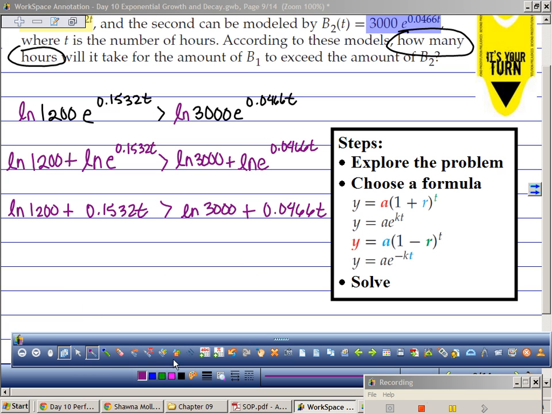Okay, so what do you want to move around? Let's highlight what we want on the left side. You want all the T's on one side and the LN. Okay, so let's leave. You want the LNs on?